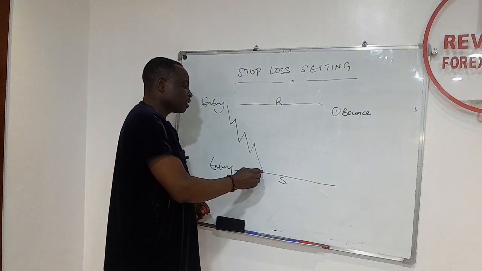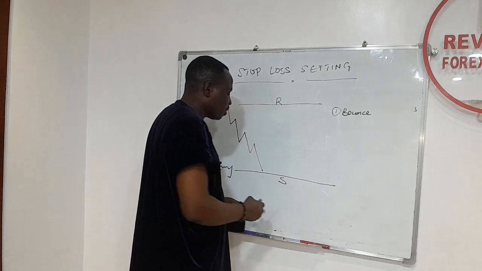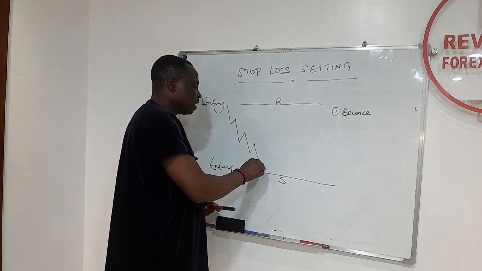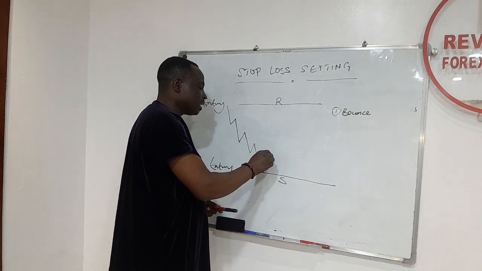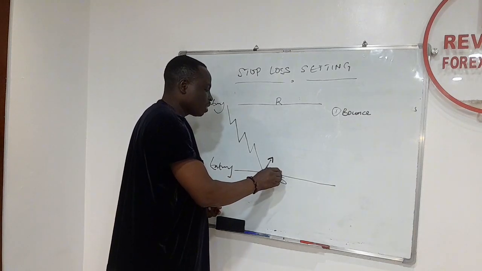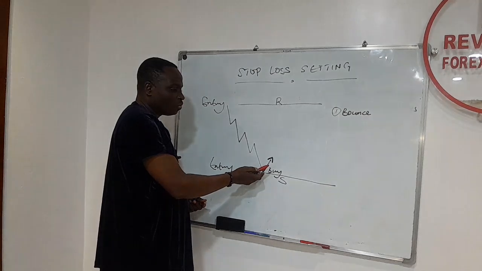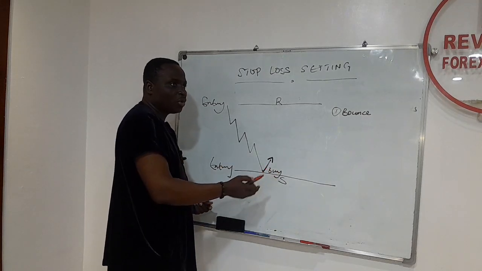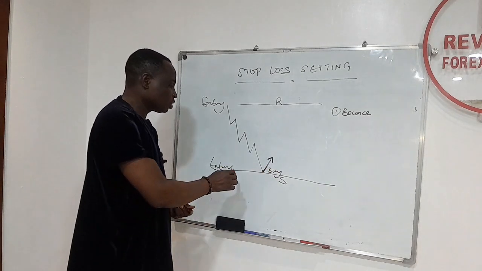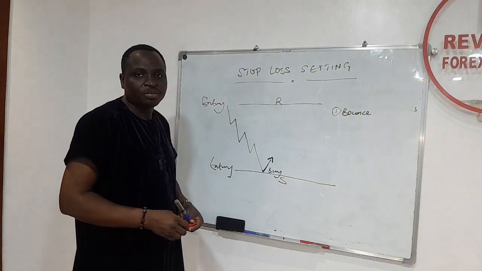Now, for example, this is support. The expectation at the support is that market should do what? Start buying, most especially if there is a confluence with this key level, and most importantly, if this key level happens to be a major key level.